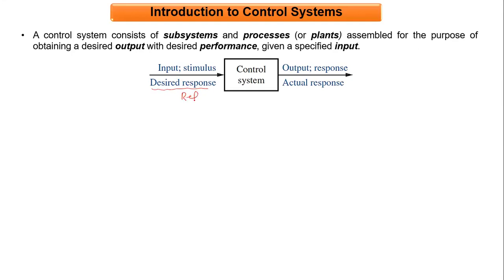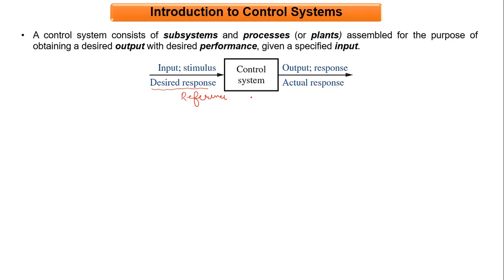The reference is actually the value that we desire to get out of the system as its output, right? And the output or response of the system is the actual response. This actual response may be the desired response, or may not be. There may be some error also, right?